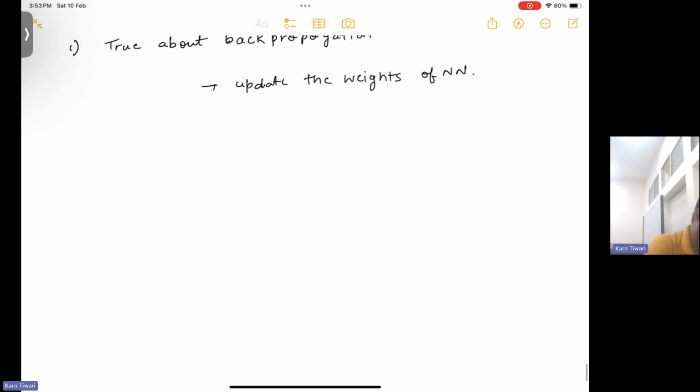Now let's look at the second question. The first question was pretty much straightforward. Let y be the true class label and p be the predicted probability of the true class label in a binary classification.